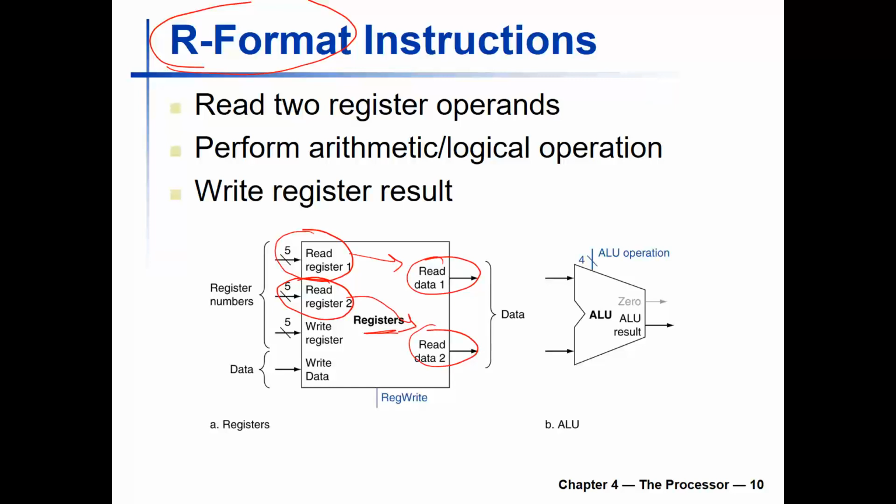Once I'm done and need to write back, I set the data here and specify the address of the destination register. The ALU can perform multiple operations, so I have to tell it which operation to do. We saw this in the last chapter, where we built our simple ALU with these control signals. This ALU has a 4-bit control signal, which tells it what to do: add, subtract, etc.